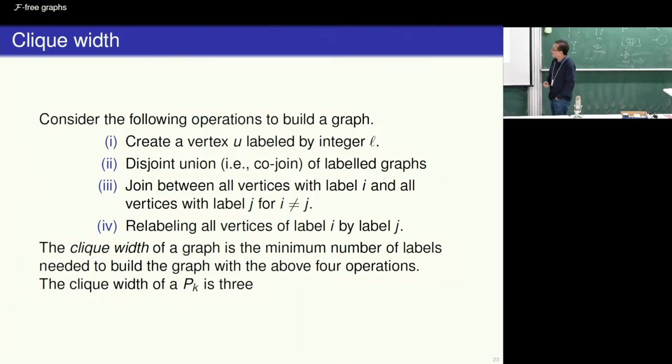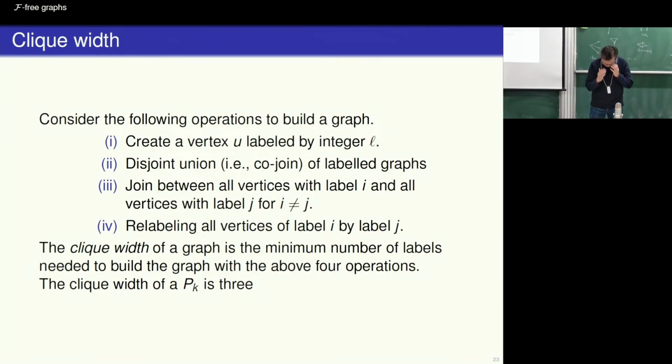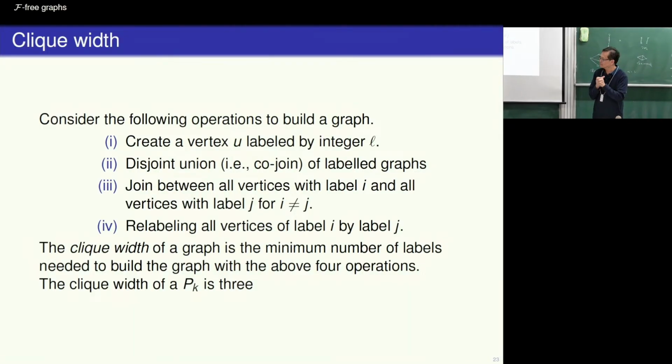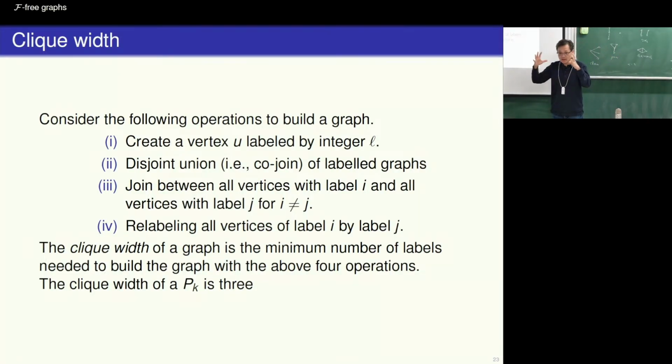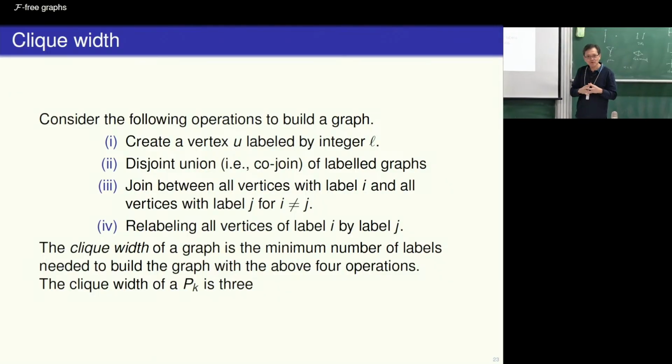Okay. Let me show you a little bit of how the proofs in these things work. So it's the idea of clique width. You say you have a graph and you want to build it with a certain operation. You cannot just build it in the way you like. There's some restricted operations you have to use to build a graph.